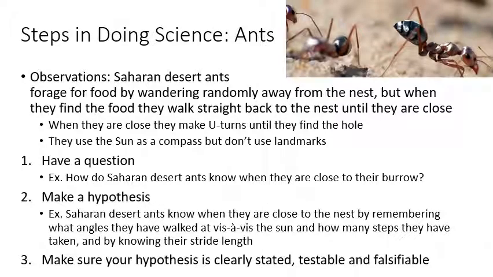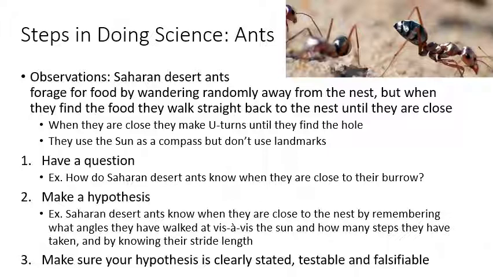So we'll look at just one more example of the scientific method in action in a study that involved ants this time, and is an actual experiment, not an observational study. So this study is about Saharan desert ants, which live in the Saharan desert.